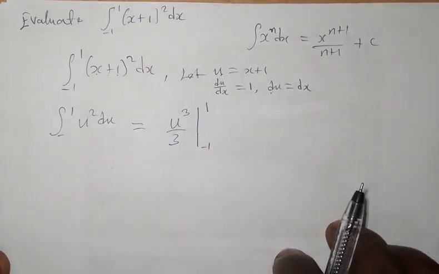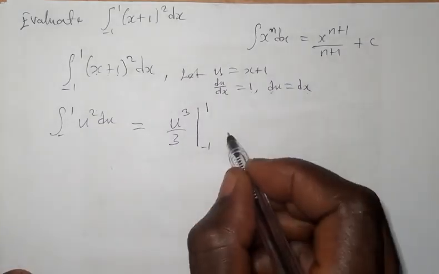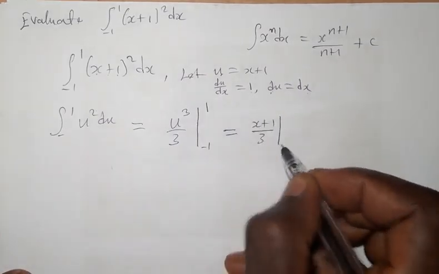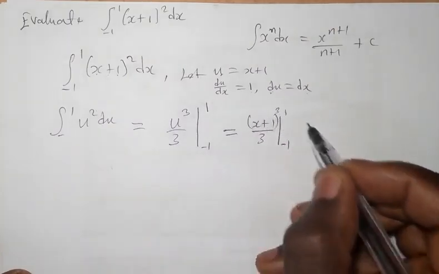Remember, the question is not given in terms of u, it is given in terms of x. So we will replace that u by x plus 1, all in bracket raised to the power of 3 over 3, ranging from minus 1 to 1.